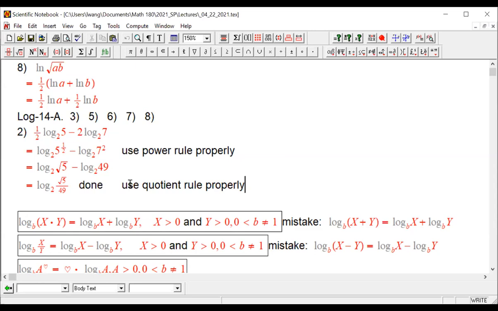Good question. Because if you foil, it's going to be a much more complicated expansion. In fact, you will find out once you get into your calculus class, we prefer factored form.